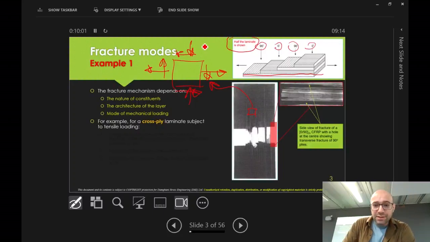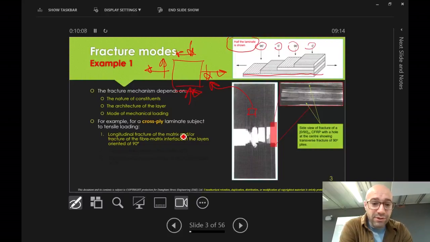So in this example, have a look at the cross-ply. Under a tensile loading, the longitudinal fracture of the matrix takes place, as we explained. The matrix itself, as I said, has a longitudinal crack like that. You could potentially see it here, but it doesn't show much.